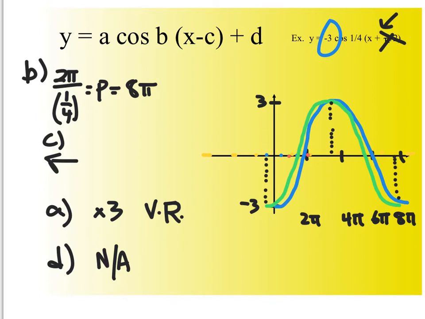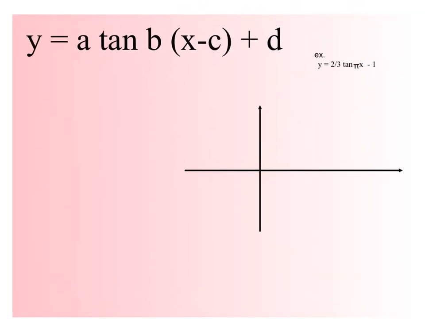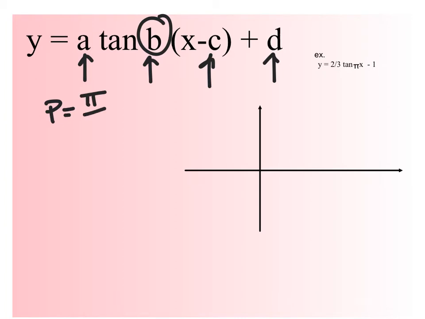Okay, let's move on to tangent. So tangent is different than sine and cosine because the tangent's normal period is not like sine and cosine, which is 2 pi. It's actually pi. So this is still vertical reflection. This still has to do with the period. This still has to do with phase shift and vertical shift as well. However, this now for period is pi over b.